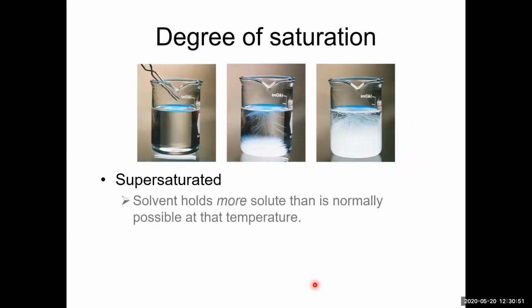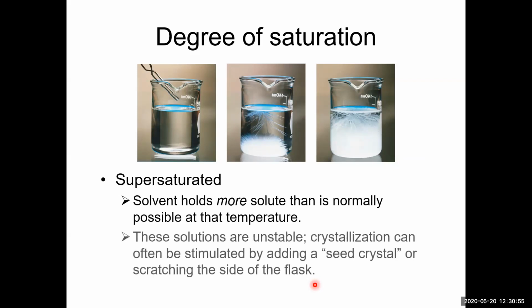Now you also have this interesting case called supersaturation, and that's when there's actually more solute than is normally possible at that temperature. This right here is our supersaturated solution. You can't tell by looking at it. It looks just like it's unsaturated. What they've done is put in more solute than should be able to be dissolved.